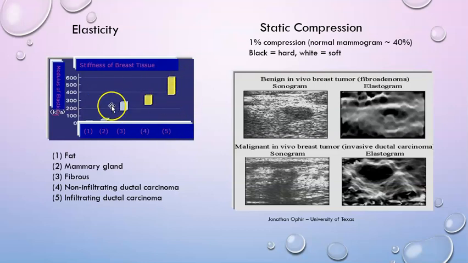So these are hard things. Benign things tend to be soft. Okay. So in this picture we see hard things are black, soft things are white. And honestly, these pictures don't give me much information. It just says this is a little harder than the tissue around it. This one looks like it's saying it's much harder. But it does provide some information.